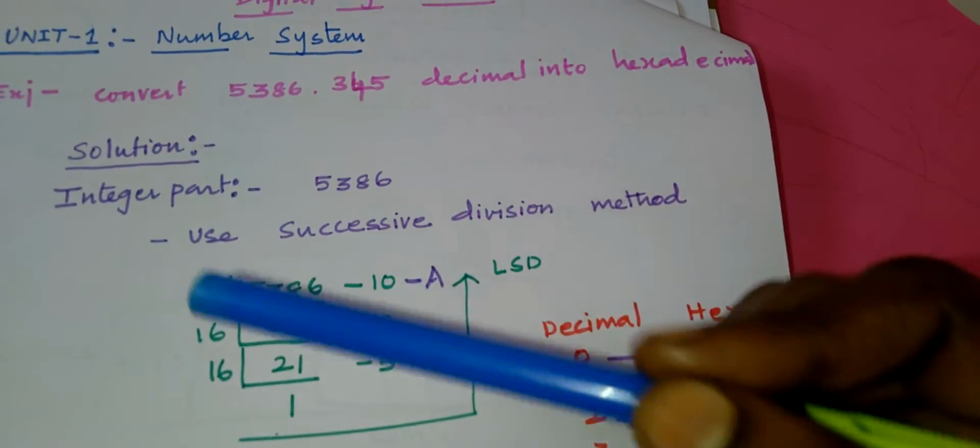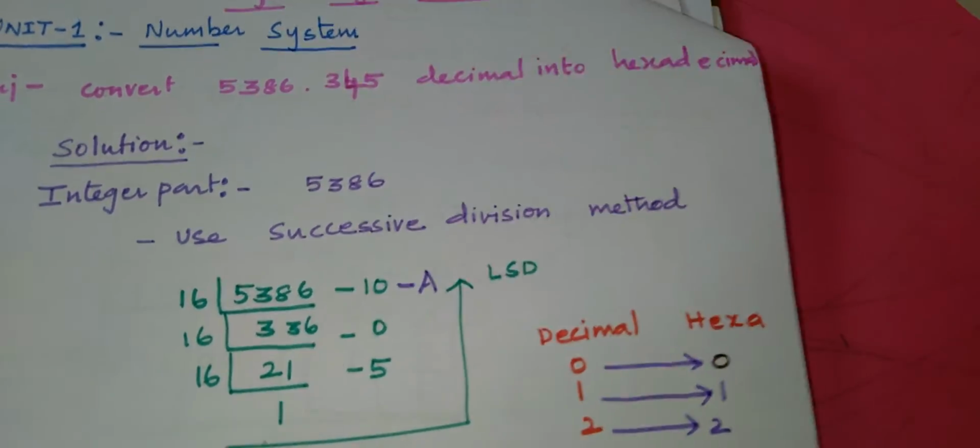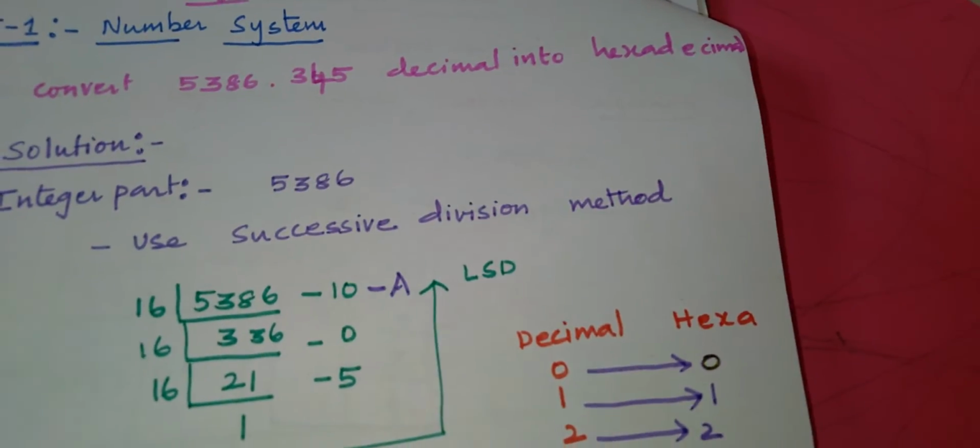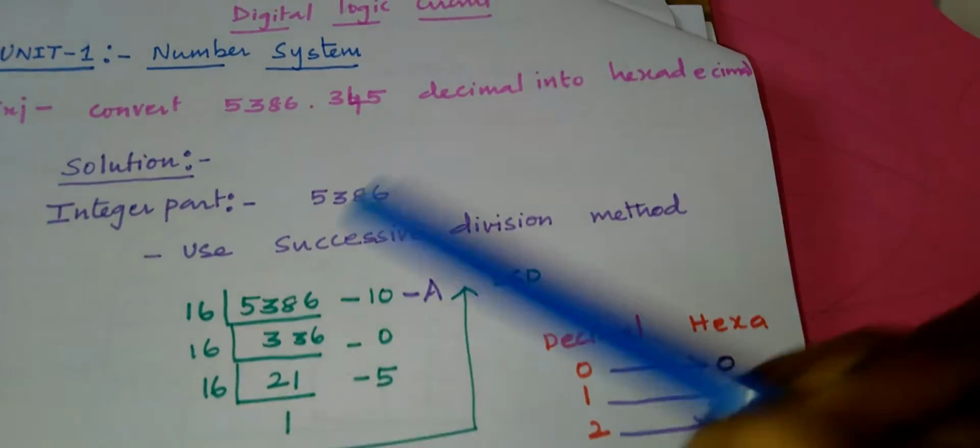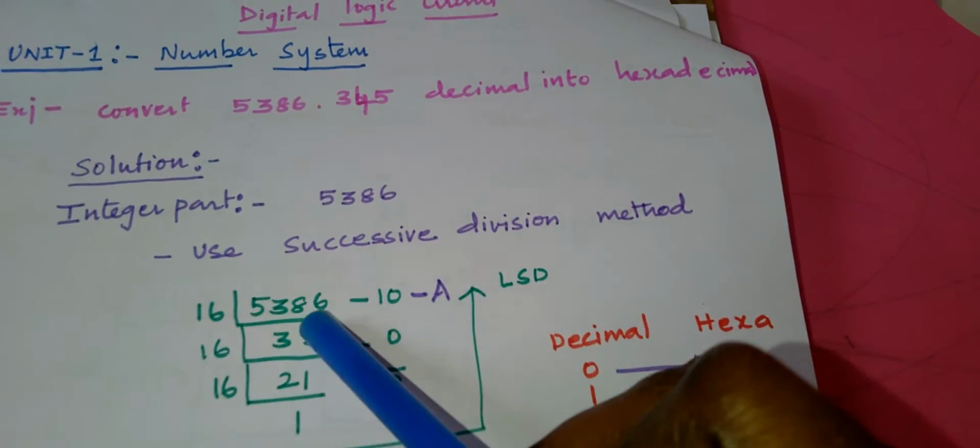First take the integer number and do the successive division operation.